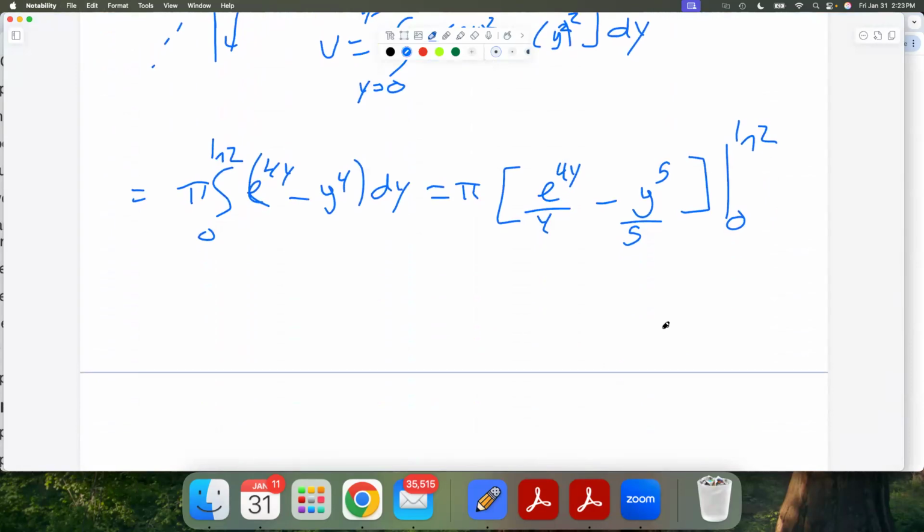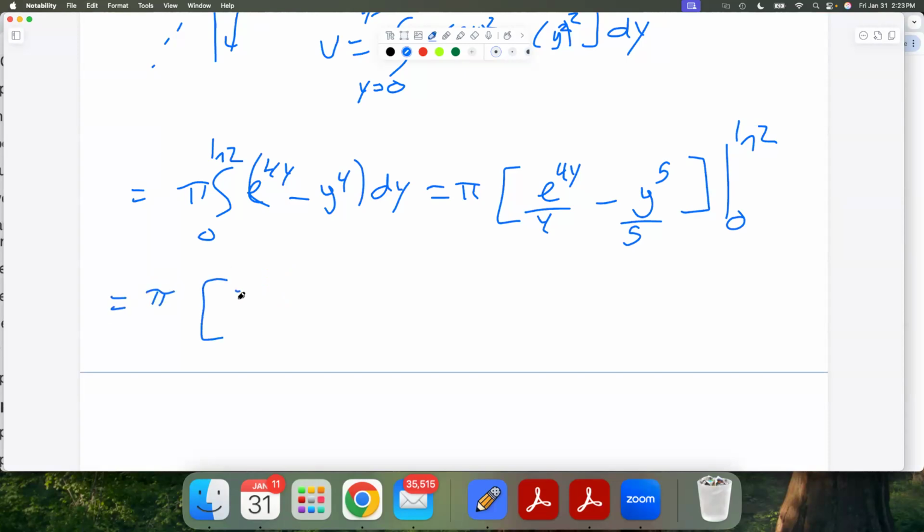Okay, so a better way to think of this, because I'm going to be plugging a log into an exponential, and logs and exponentials cancel each other. I want to think of e to the 4y as e to the y raised to the 4th. That's going to help when I plug this in, because then that pi is going to come along for the ride.